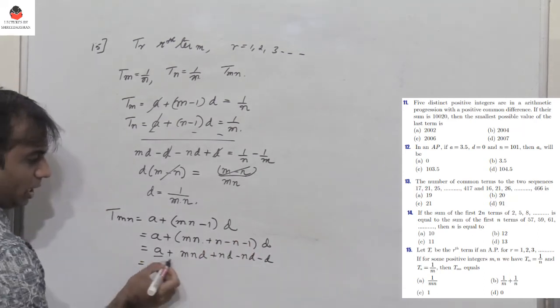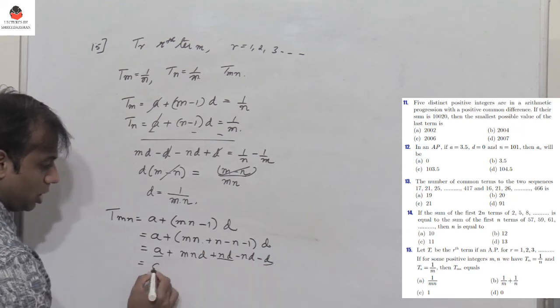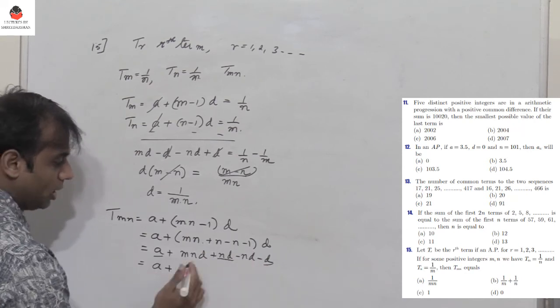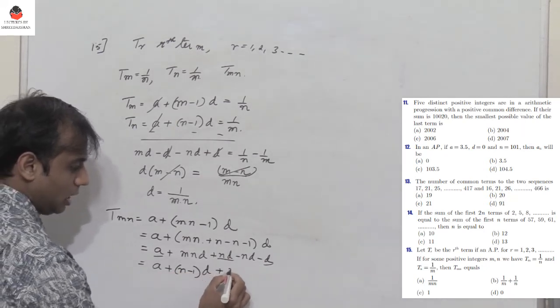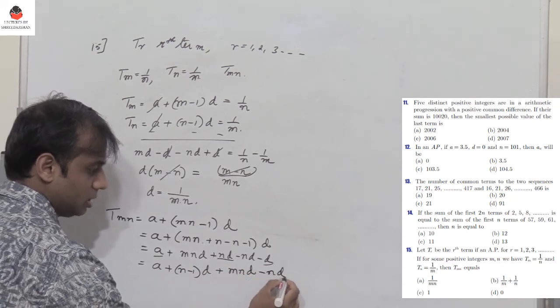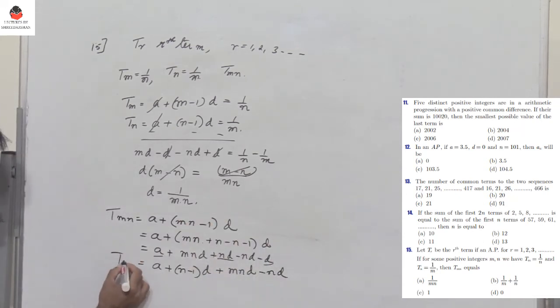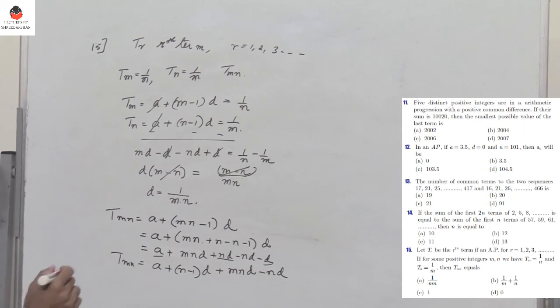So let me group a, nd and minus d. So I have a plus, from these two I'll take d common, so I get (n minus 1) into d plus mnd, and then you have minus nd. This is Tmn. Now observe that what is a plus (n minus 1) into d? It is Tn.